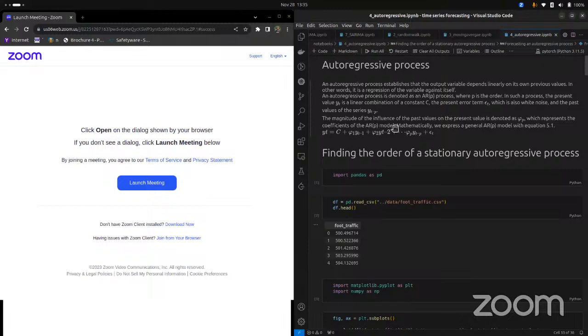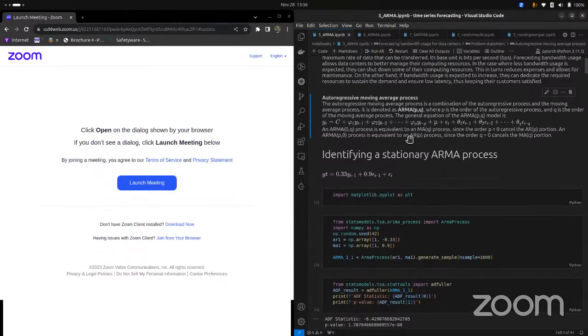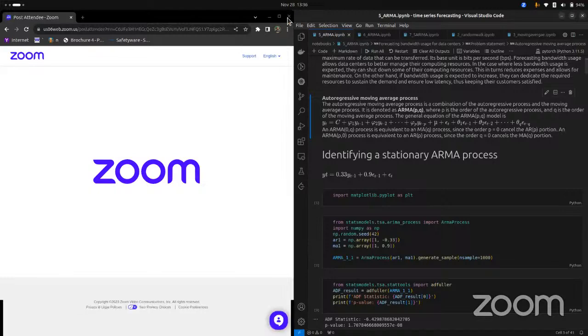So this is the formula here: a constant, previous series values, and an error term. Now the autoregressive moving average function is the combination of both of them, so it has the autoregressive process and the moving average process all joined together. That's why we have this long formula here.